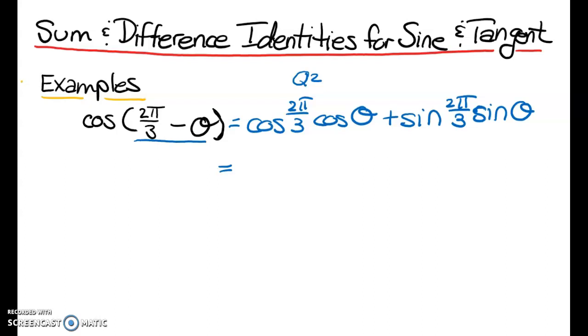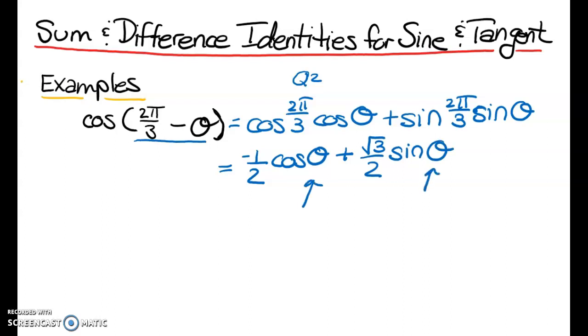The cosine of 60 is 1/2, so that's negative 1/2 cosine of theta, plus sine is going to be positive in Q2, with a 60-degree reference angle, so that's radical 3 over 2 sine of theta. You notice both cosine and sine have just a single function of theta, so we're good there. There's no additions, subtractions, or multiplications inside.